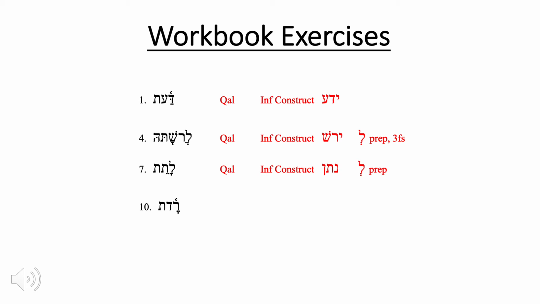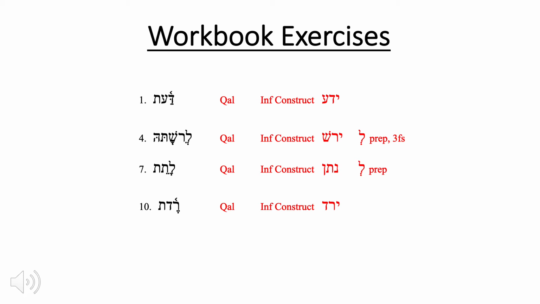What about number 10? Number 10 is redet. This is a Qal infinitive construct from yarad, to go down, the double seghol here, which is a common form of infinitive constructs.